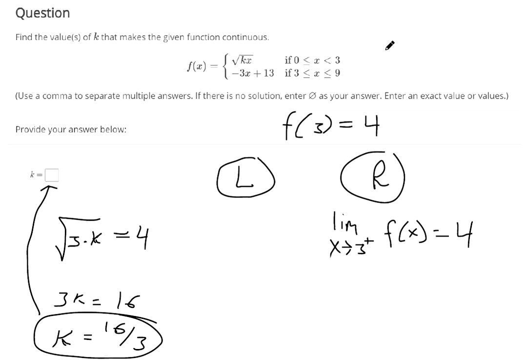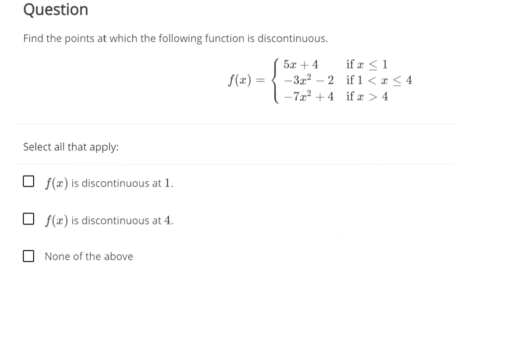If k is 16 over 3, then this function becomes the square root of 16 over 3 times x. And if it's the limit as x approaches 3 from the left, then we can just directly plug in 3 in here. 16 over 3 times 3 makes 16, and the square root of 16 is 4. So this limit is now going to be 4 because we specified k.